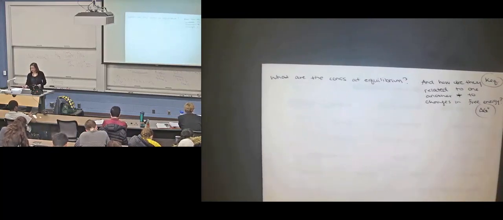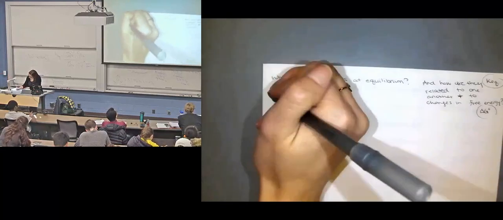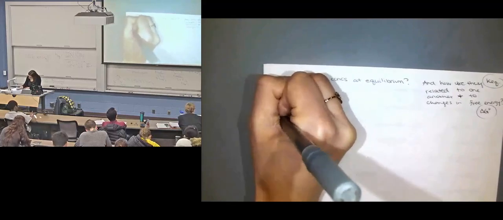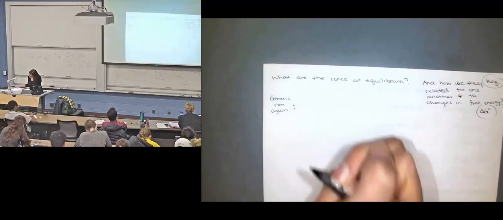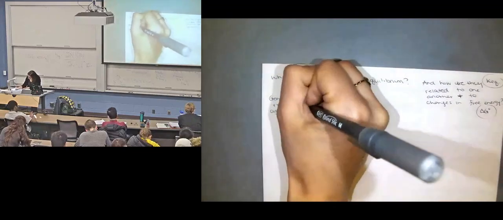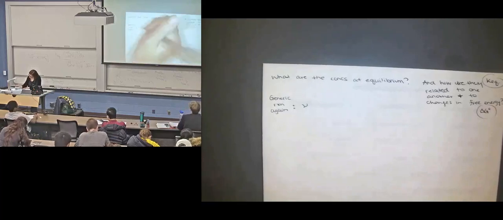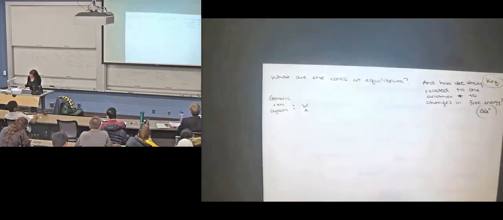Keeping in mind that what we're going to write is the free energy change for one half of this reaction, either forward; reverse would be with the negative sign. So let's write our generic reaction again. Now I'm going to use the lowercase nu as the stoichiometric coefficient, following what the book does, so the notation looks the same.